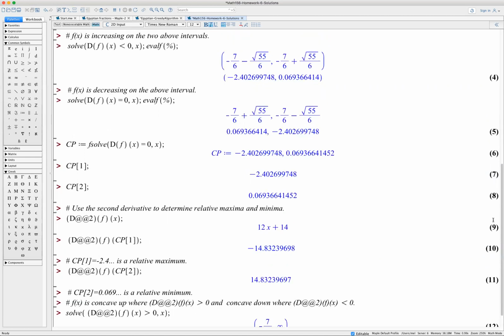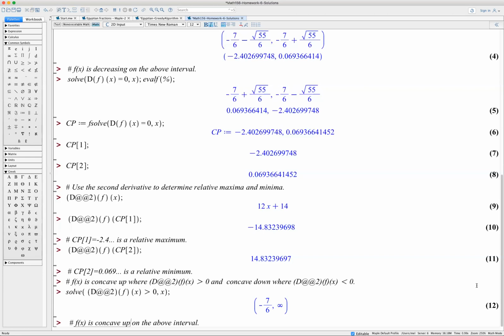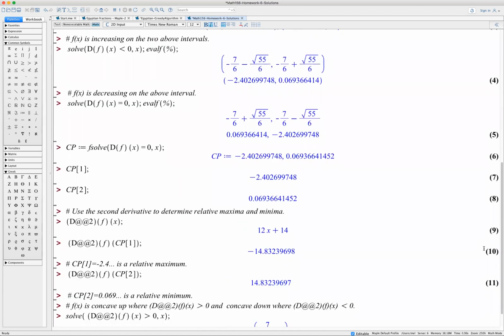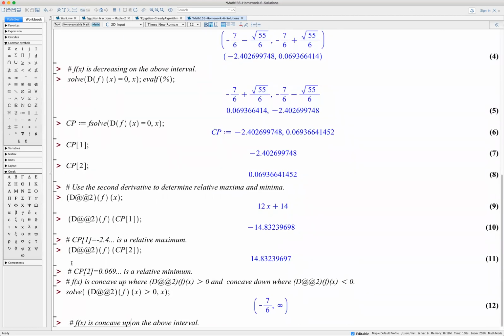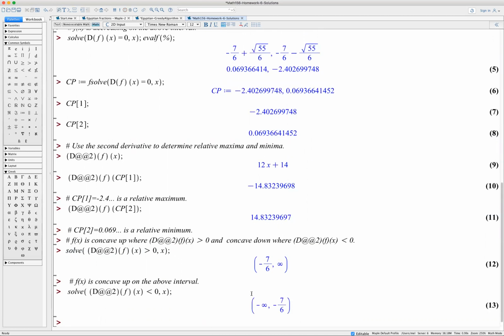Let's look at the graph of the function. Minus 7/6 to infinity. That's about here to infinity. It's concave up. Where is the second derivative negative? Minus infinity to minus 7/6. So it's concave down on this interval.